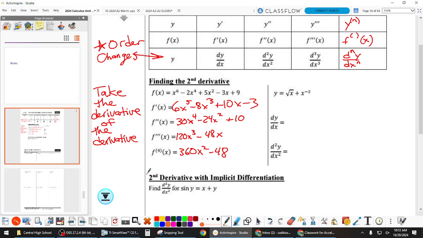Good on that? Okay, suggestion on these kind: rewrite with exponents. So x to the 1/2, and while the other one is fine, plus x to the -2. And then as we take subsequent derivatives, it's easier to deal with those exponents.